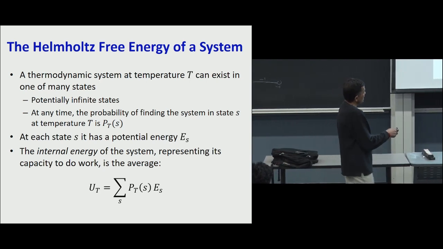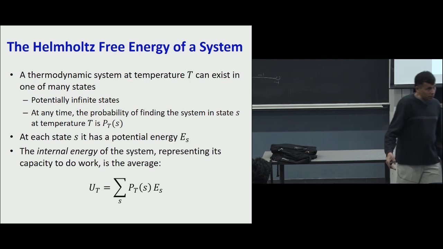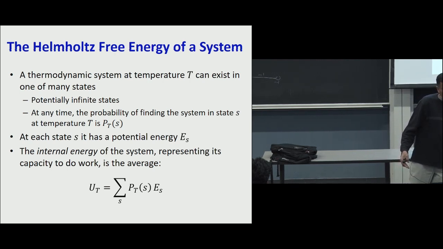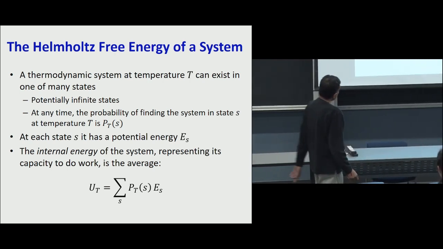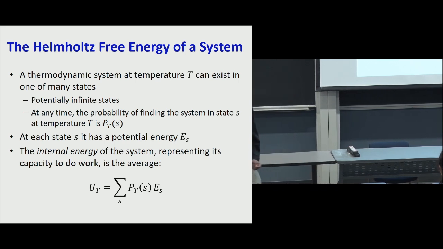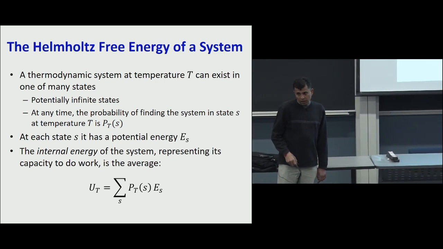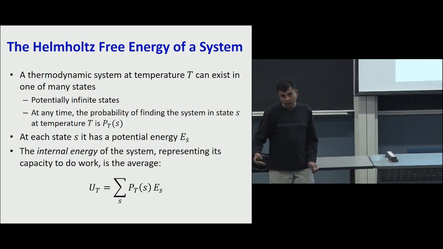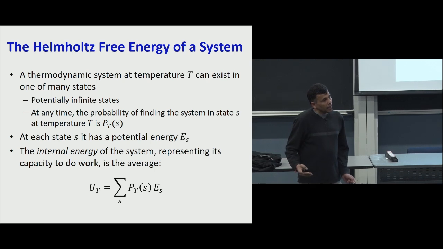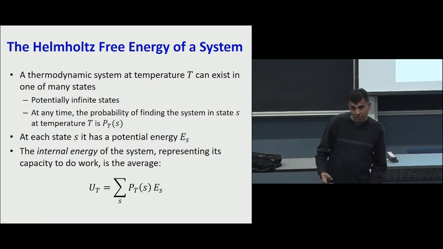I have this T because I'm going to show that this is also a function of the temperature. So the internal energy of the system, which represents the capacity of the system to do work, is the expected value of the energy of the state that the system is in.